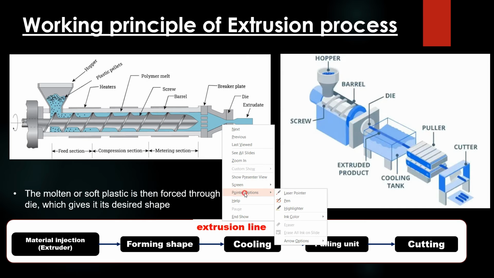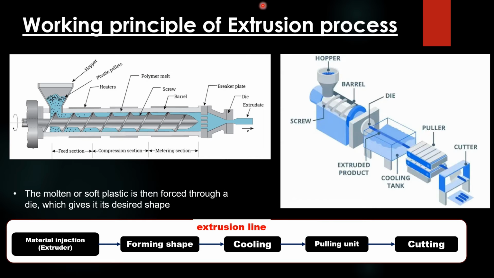I'll highlight with the laser pointer. Based on the die design, it will create different sections. Suppose I am considering a circular section, a pipe. Here it will generate the pipe, and in this form the material is pliable and very soft, so we need to cool it to make it hard.